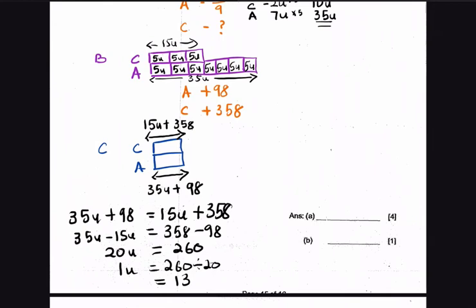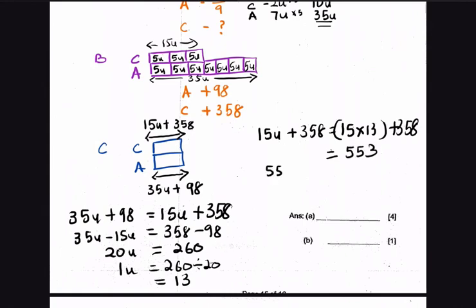So let's say I pick the children's equation here, and I will substitute the value of 1 unit here, which is 15 times 13 plus 358. So after I do that, I will get 553. So 553, I need to multiply by 2. I get 1106. So that's the answer for part A.